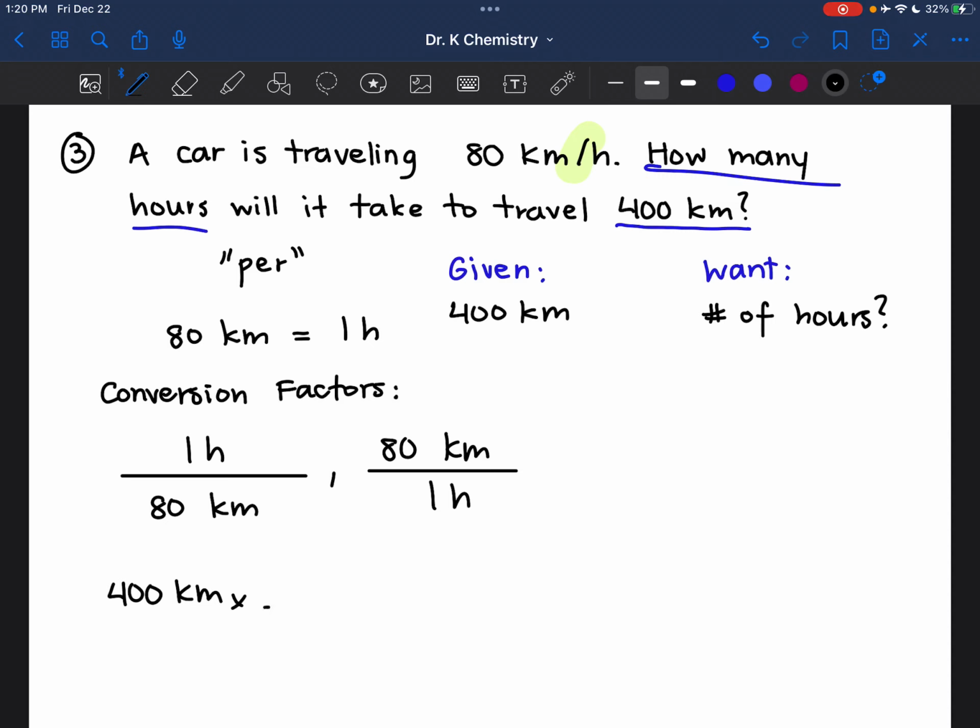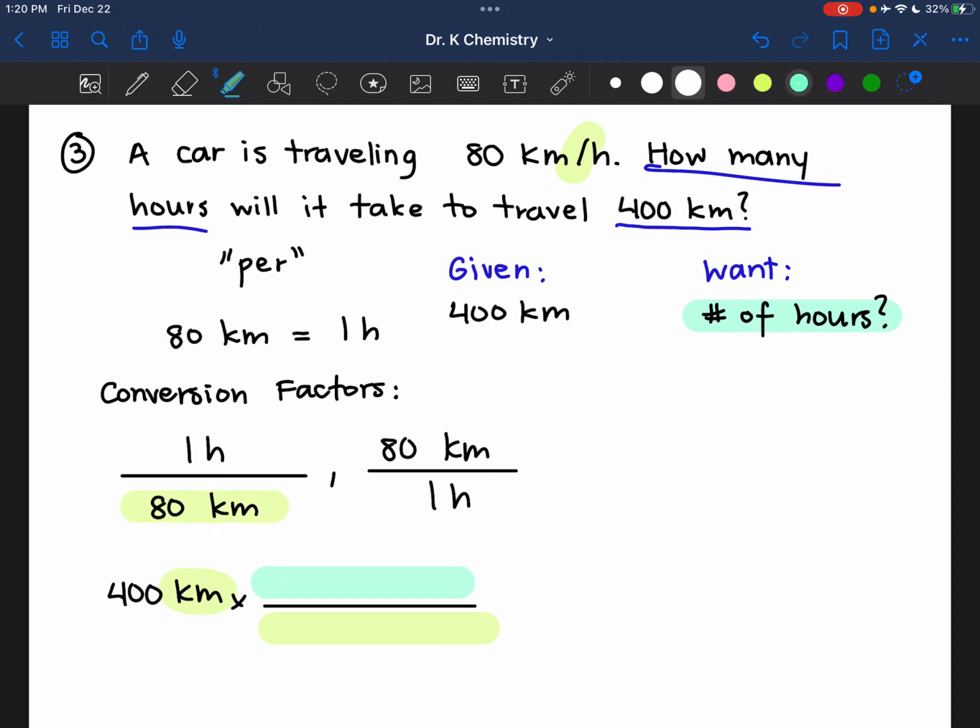I'm going to start with the given, so 400 kilometers. And then I'm going to multiply this by a conversion factor so that I'm ending in hours. And since we want the number of hours, that's the unit that's going to have to be up top. And the unit that we're trying to cancel, which is kilometers, is the unit that's going to have to be on the bottom.